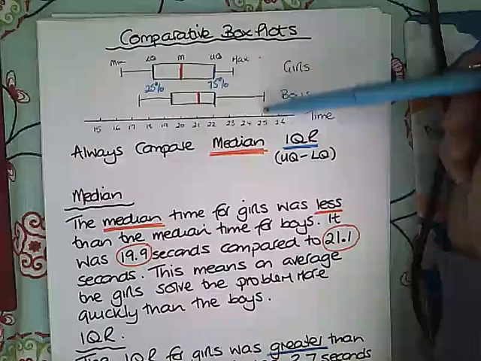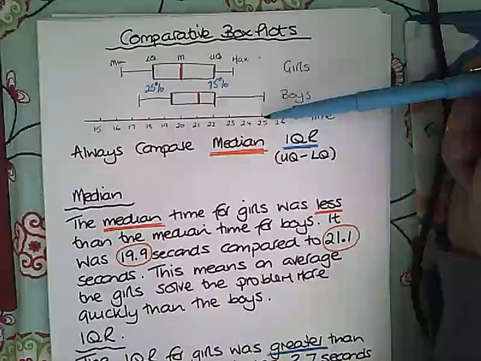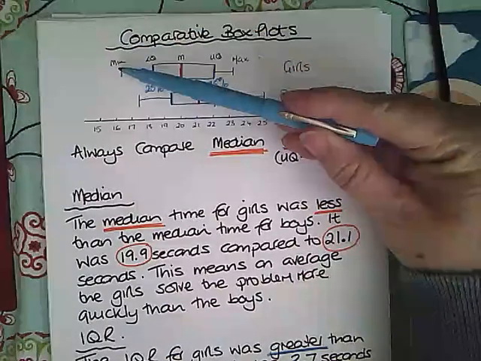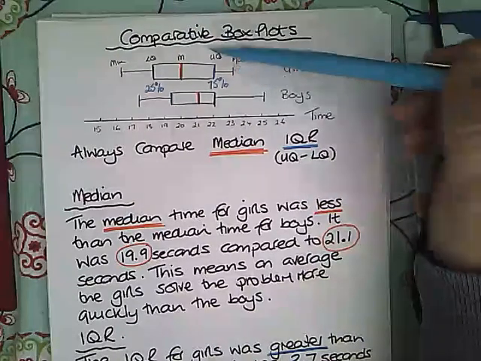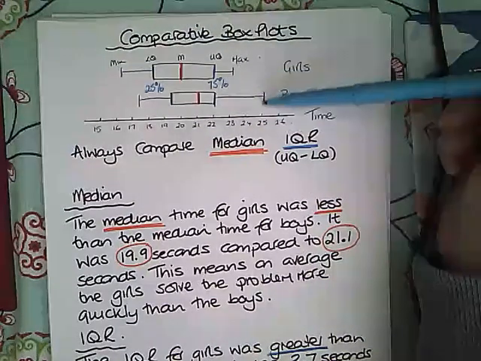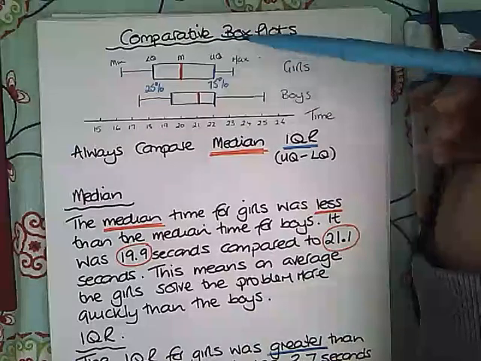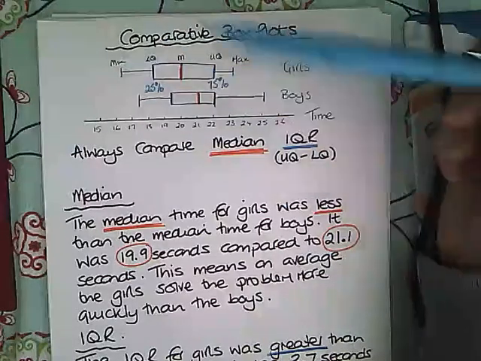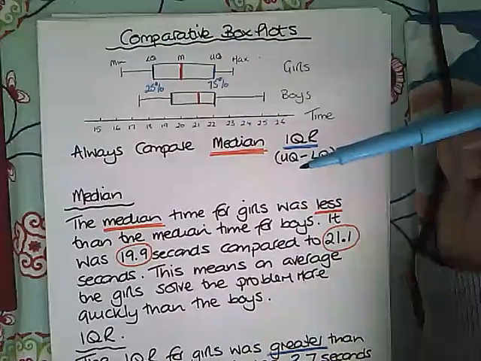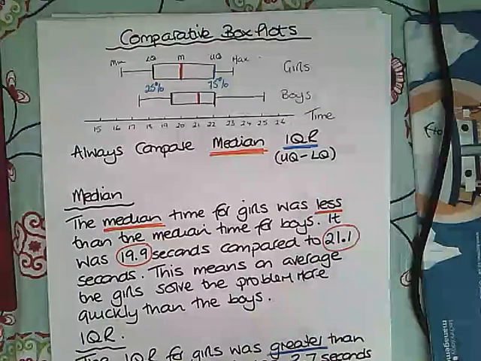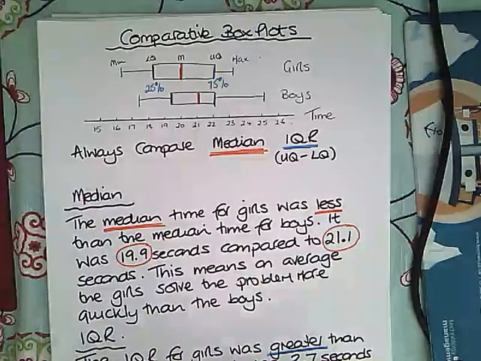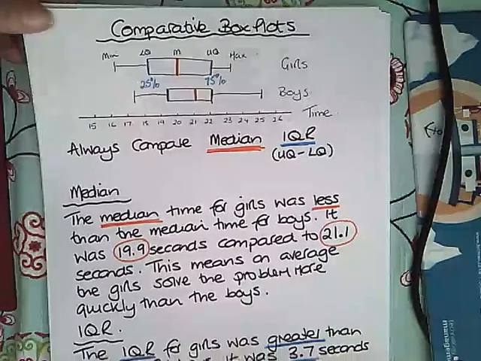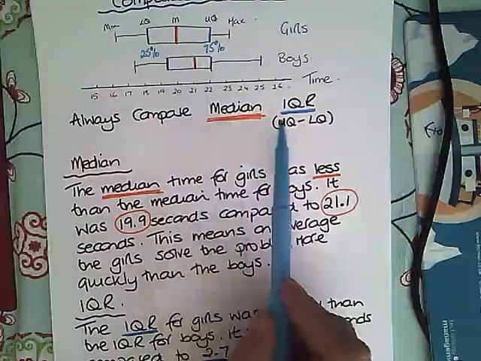His is around 25 seconds. Or you could compare the actual range, which is the maximum take away the minimum, so 25 take away 17 point something, or 23 take away 16 point something, and talk about the overall range. But mainly what an examiner is looking for are these two quantities discussed and compared and stated.